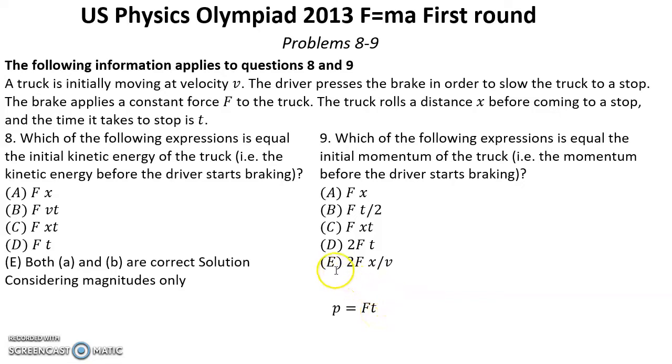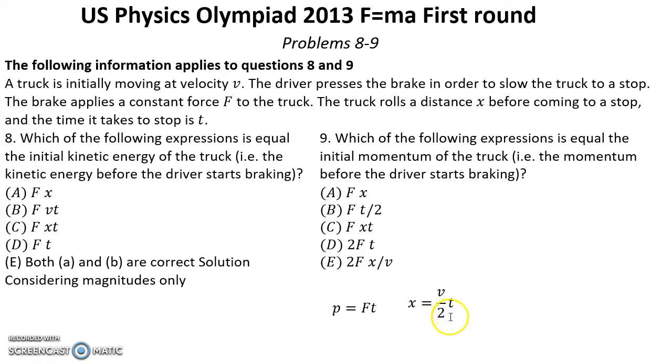And let's check answer E. Here we can use so-called average speed. In our case, average speed equals maximum speed divided by 2. And we have expression for total distance, that's x equal v over 2 multiplied by time.